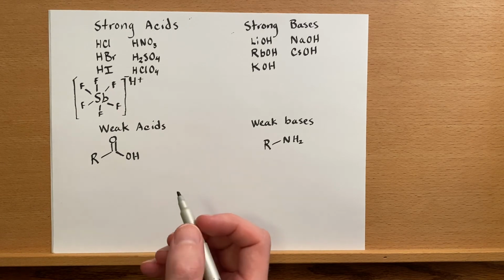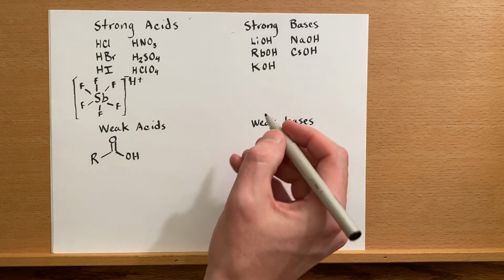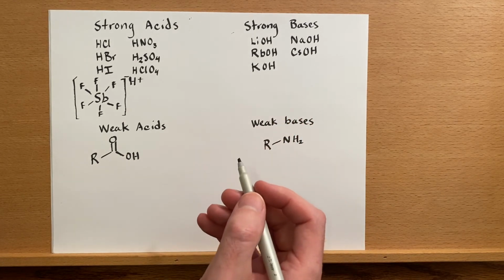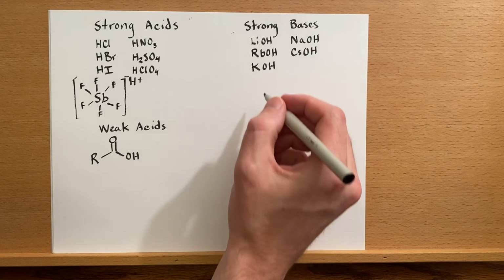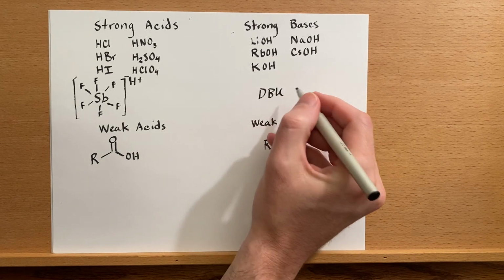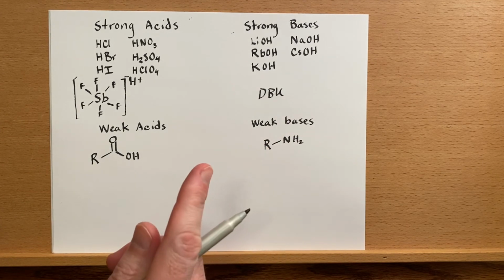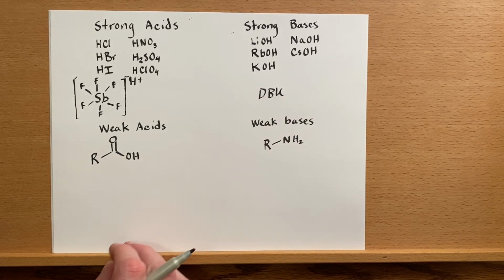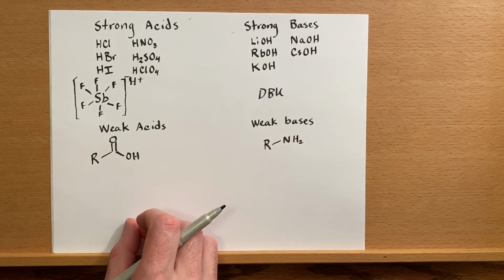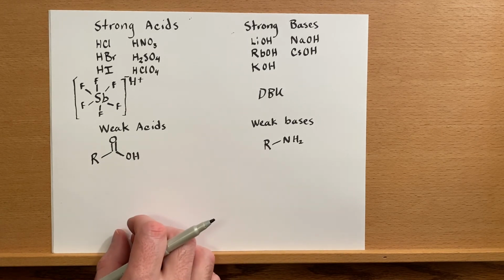Some of those examples would be DBU, which I forget what the structure is, but there's the abbreviation. It's an organic base. It's not particularly fast at its work. Like these are quite fast, but it's very strong. But that's not our focus.